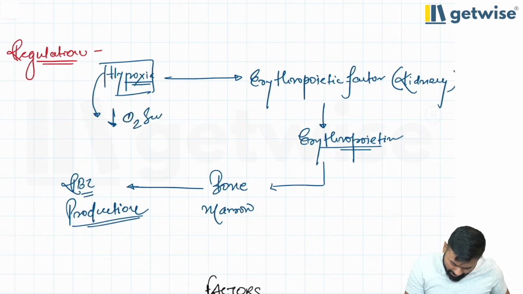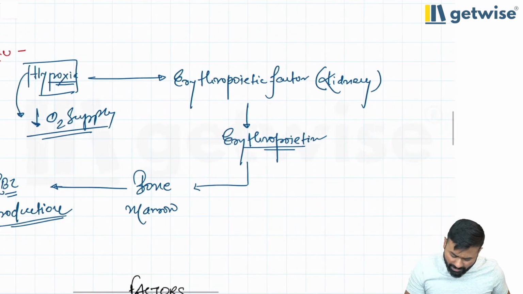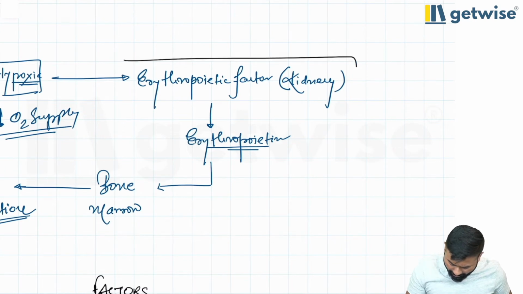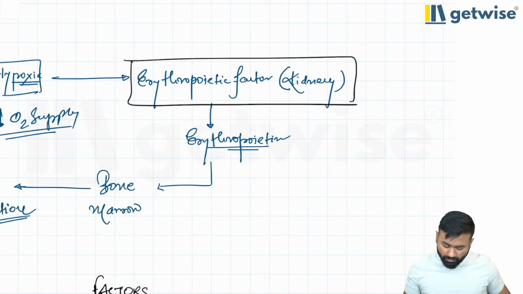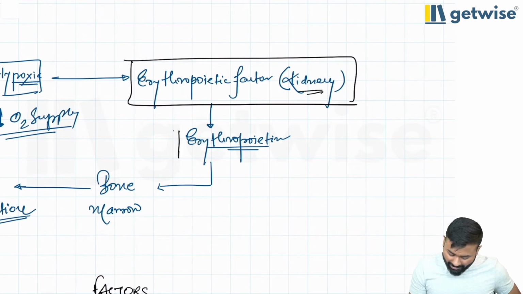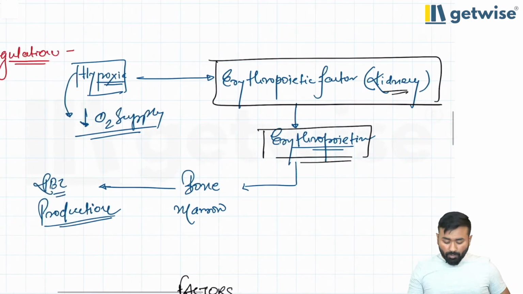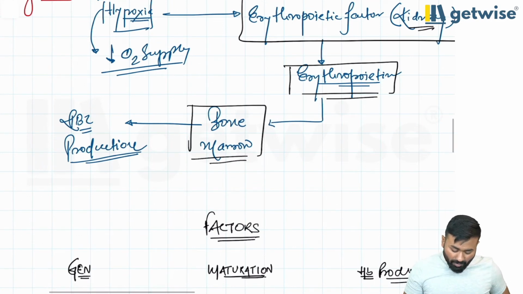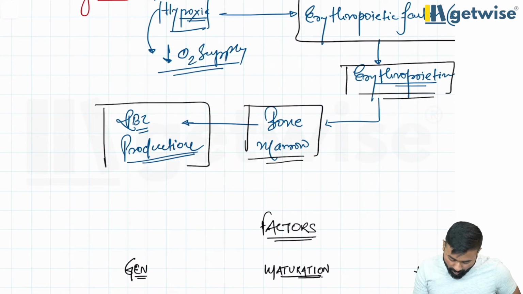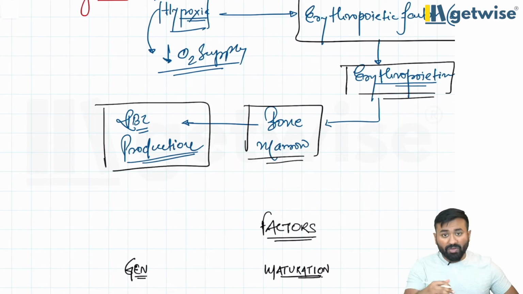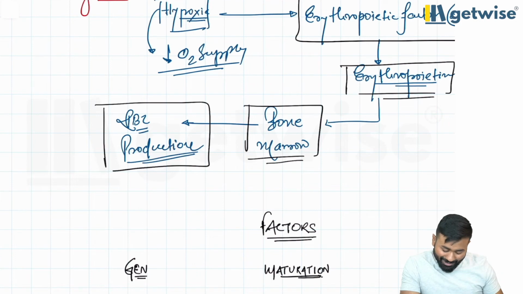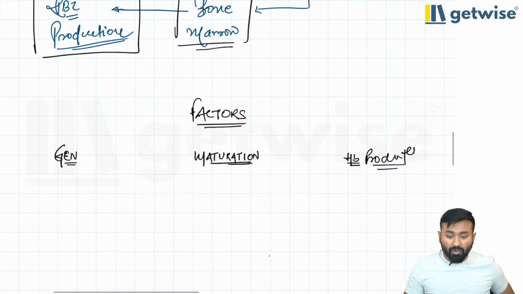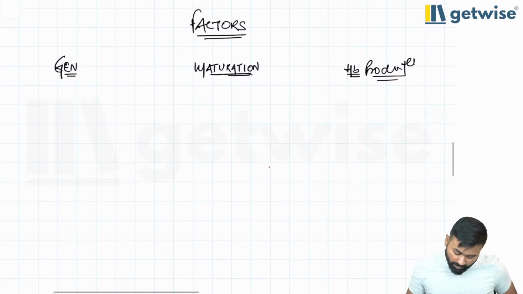When there is hypoxia, there is secretion of erythropoietic factor from the kidney, and this will make erythropoietin, which goes to the bone marrow and promotes RBC production, the erythropoiesis. We have seen that erythropoietin acts on the CFU and they start differentiating and produce RBCs.